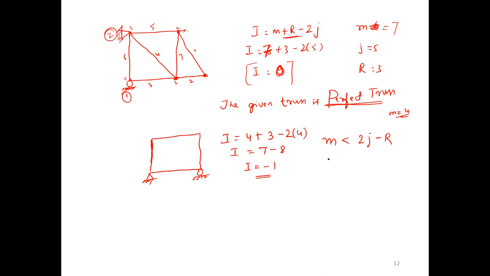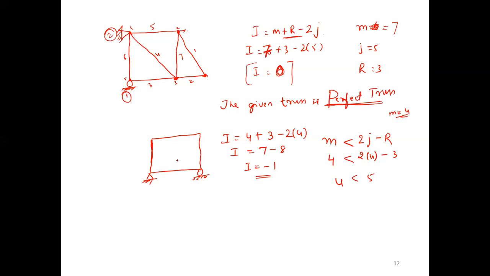Number of members is 4. We will examine this, less than or greater than, later we will decide. 8 minus 3, 5. So m is less than 2j minus r, which means this type of truss is called, which type of truss is this now?